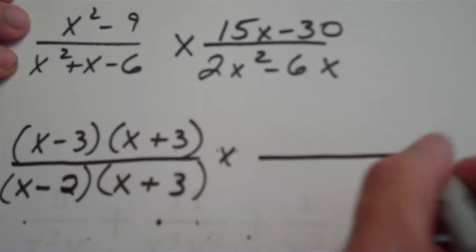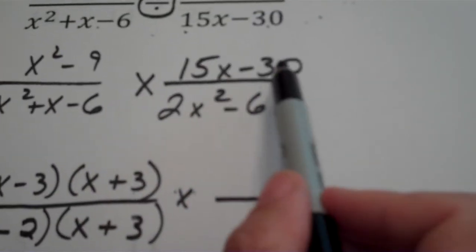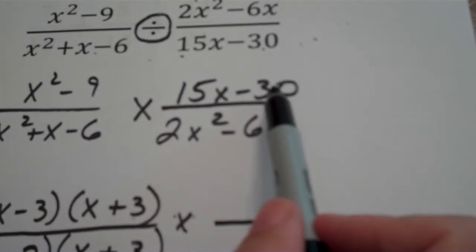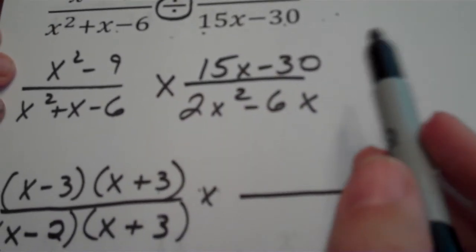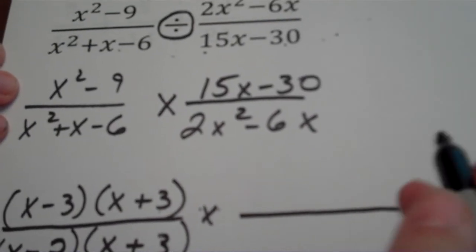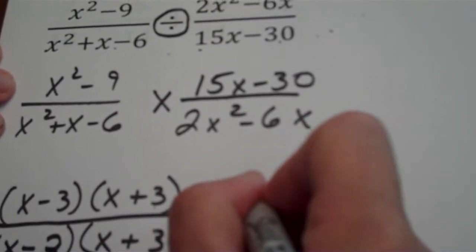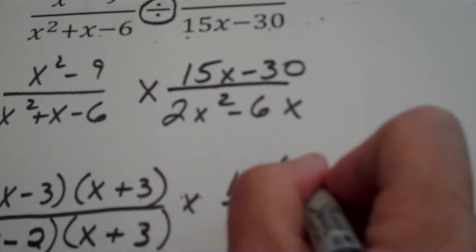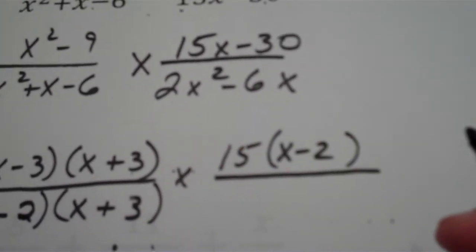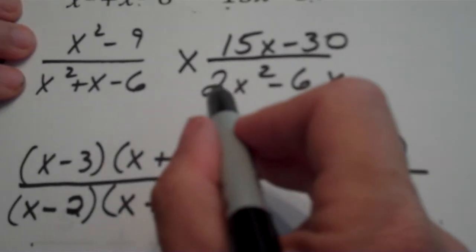How about the second one? Well, there's 2 common factors here. 3 goes into both those numbers, and 5 goes into both those numbers. So if it's divisible by 3 and 5, 3 times 5 is 15. If you factor that out, I've got an x minus 2. How about the bottom?